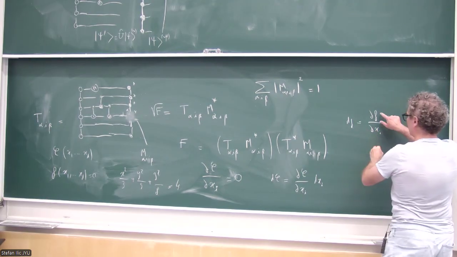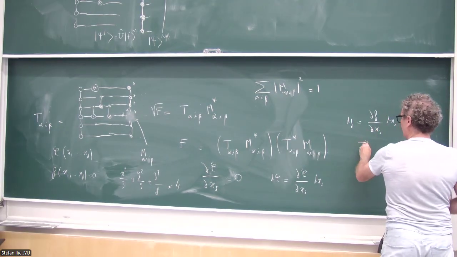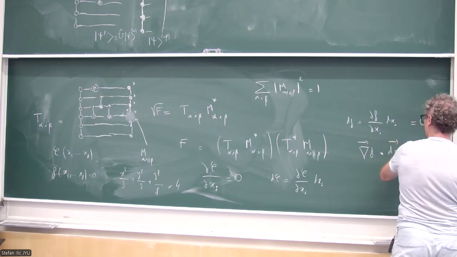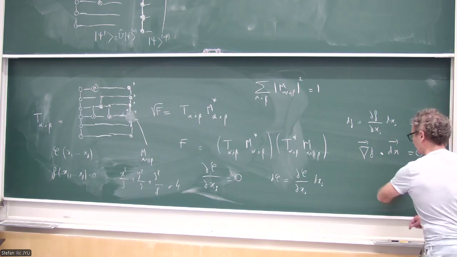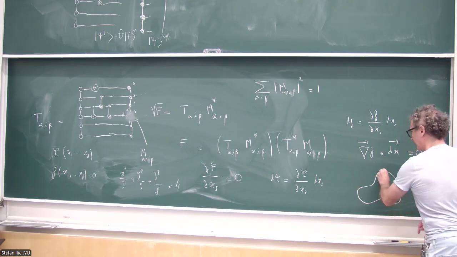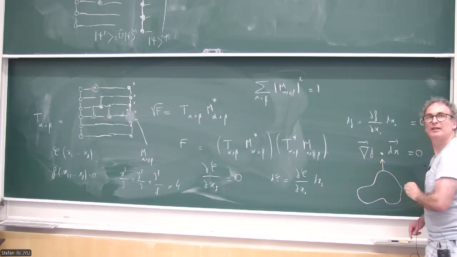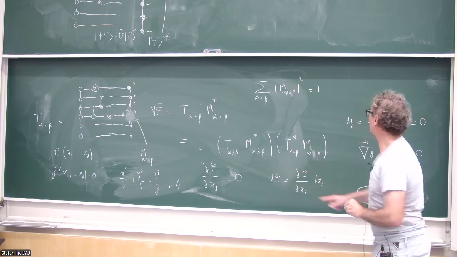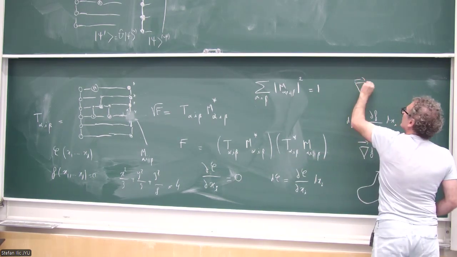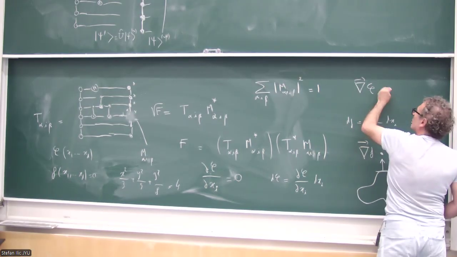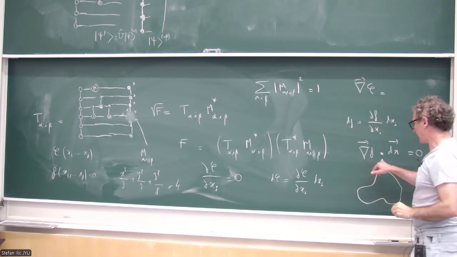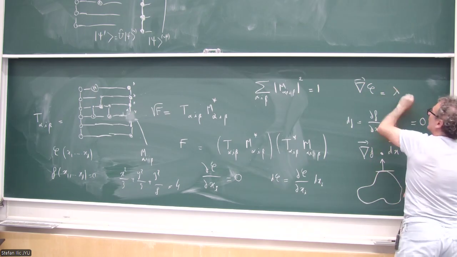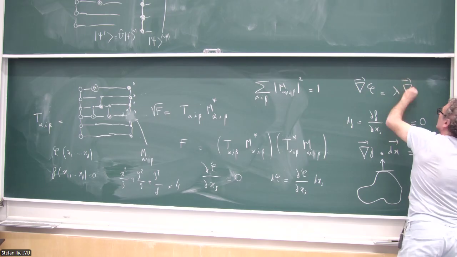That means that this guy, which now I'm going to write as the gradient of f, is perpendicular to dx. So you have your manifold, and the gradient of f, so you always stay there. So now the new equation is not gradient of C equals 0, but gradient of C parallel to the gradient of f. Which is something like gradient of C equals lambda times gradient of f.